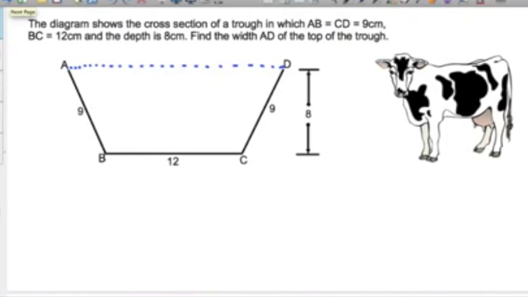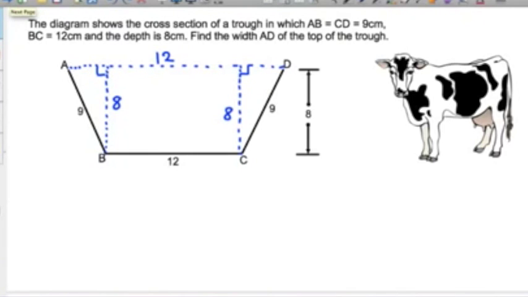Well, first thing I'm going to do is break this up. We see that I have a trapezoid, and then I can make triangles here, triangles there. I know that if BC is 12, then this distance is also 12. Now I know that the depth of the trough is 8.